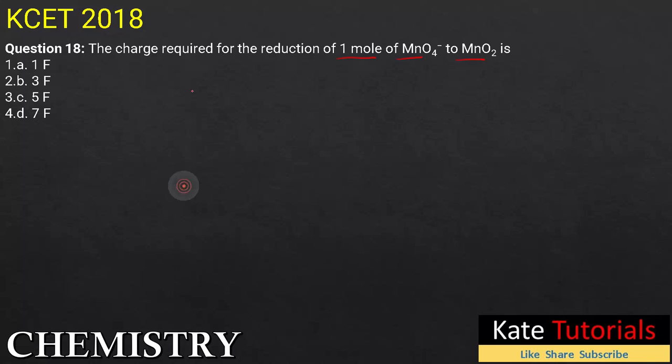We know that the charge of 1 electron is 1.6 into 10 to the power minus 19 coulomb. 1 mole means 6.022 into 10 to the power 23 particles, so this many electrons will be there. The charge of 1 electron is 1.6 into 10 to the power minus 19.